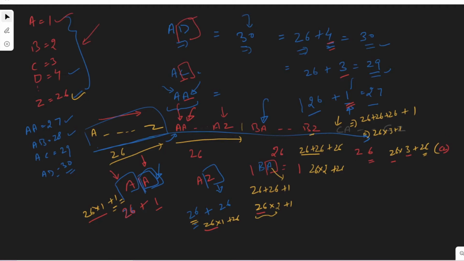Okay. So how did we come across this number, 3 times 26? What we do is see the number here. So A, B, C. A represents 1, B represents 2, C represents 3.